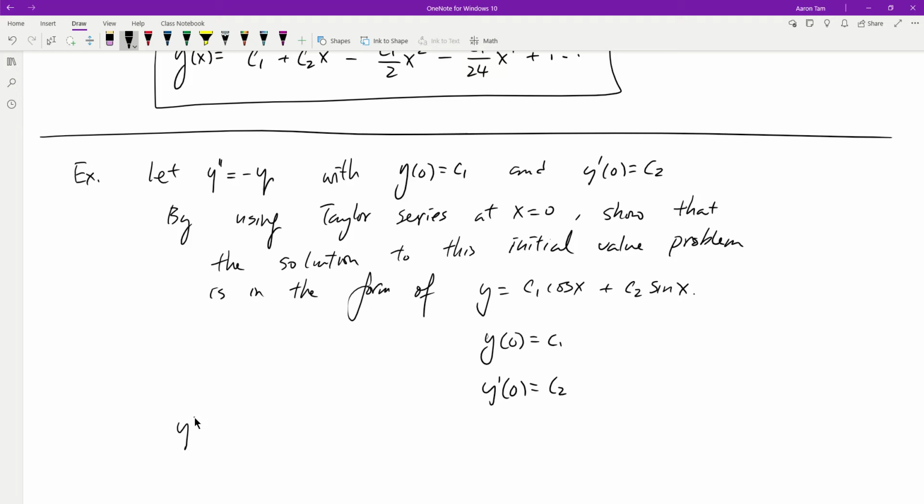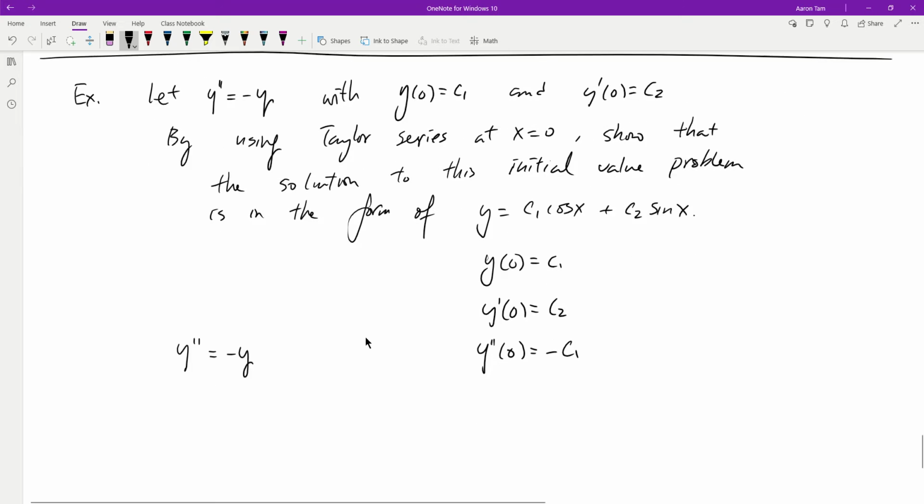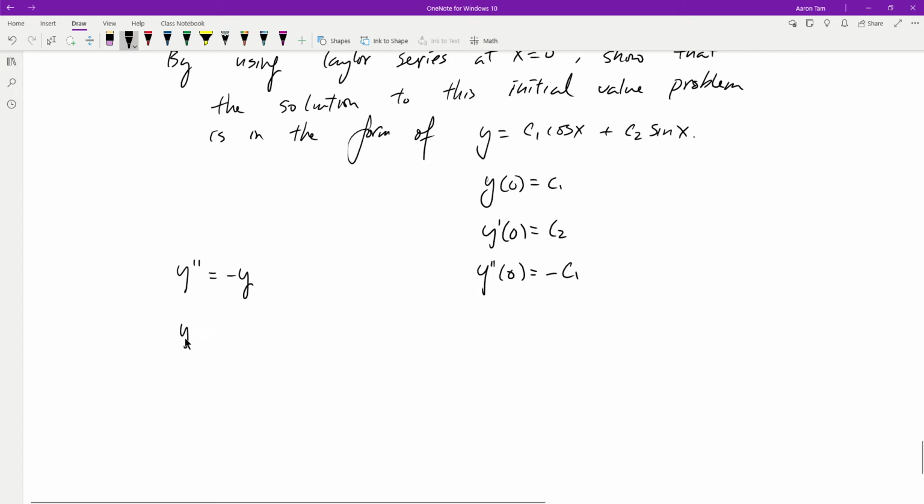We do know that y double prime is equal to negative y, so y double prime at 0 will just be negative c1. Now, what is y triple prime? Well, y triple prime would just equal negative y prime, because it's just the negative derivative of y. So y triple prime at 0 would just equal negative c2.